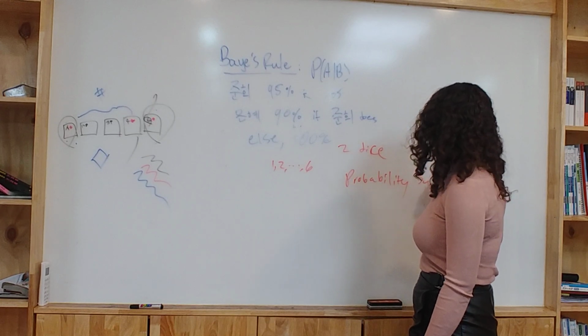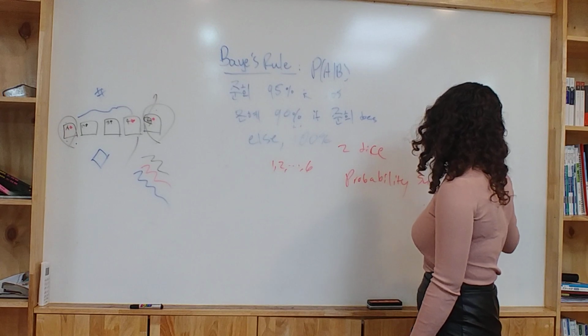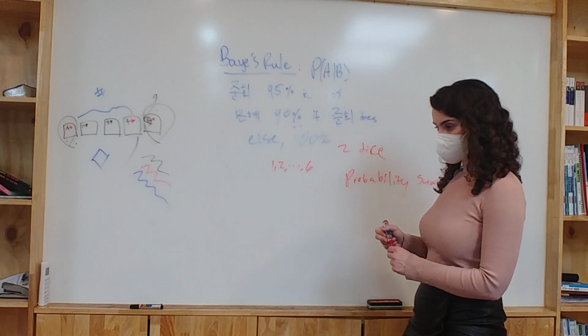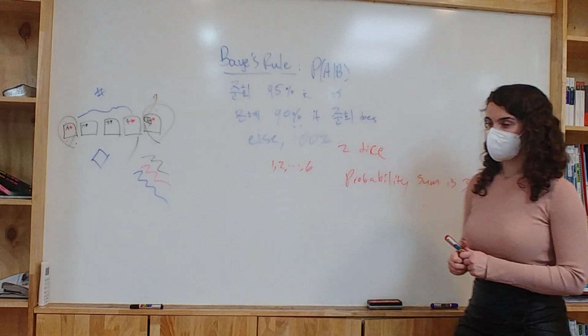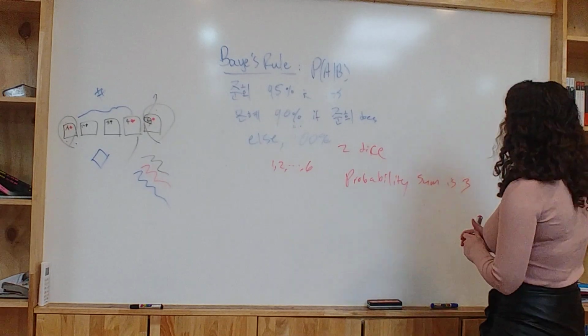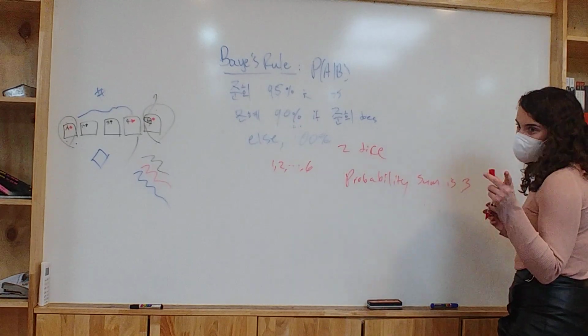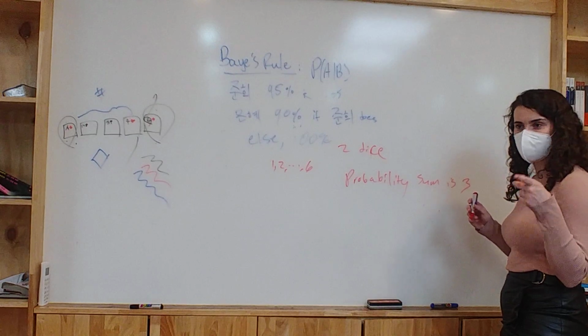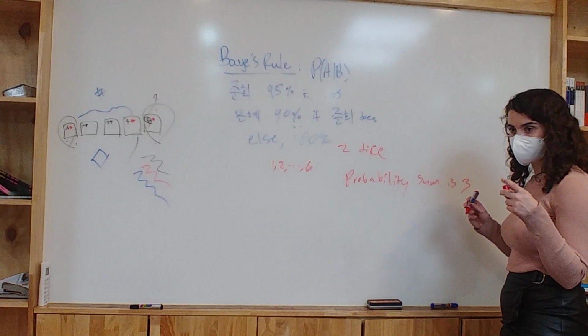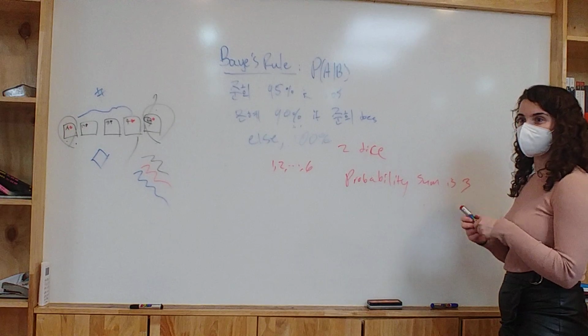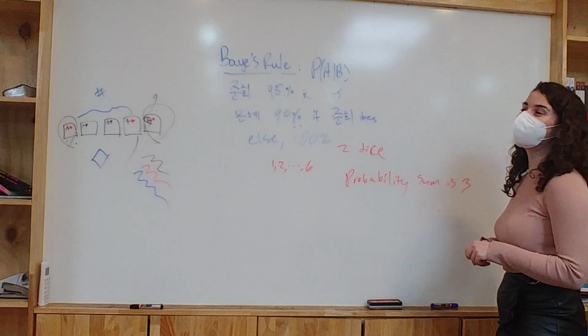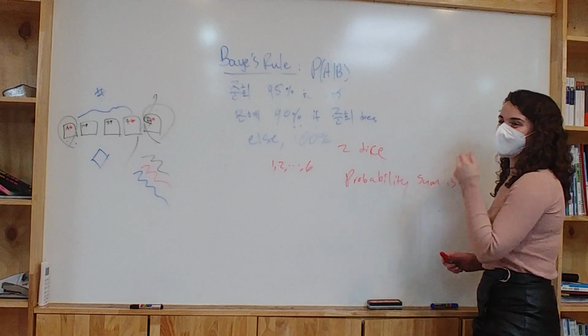The sum is 3. 1 over 18. I haven't done this yet. I don't think that's right, but did you say 1 over 18? Yes. Yeah, that's right.